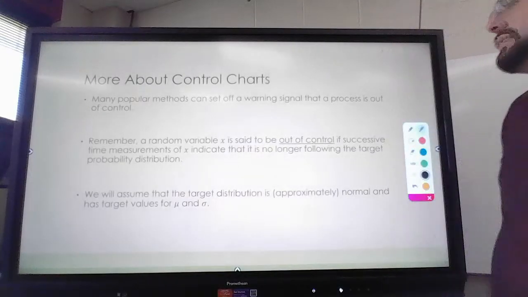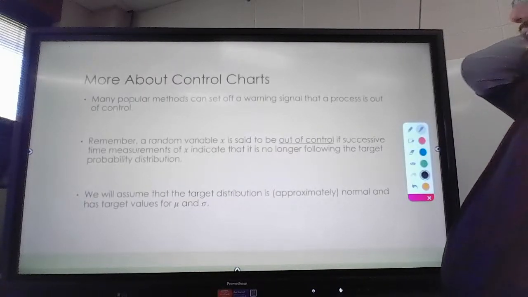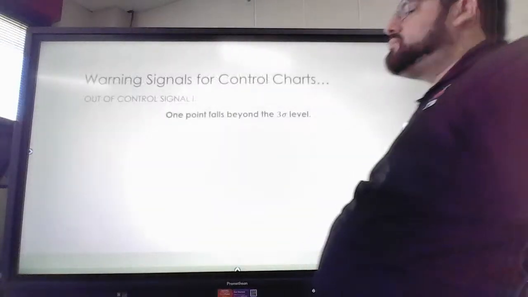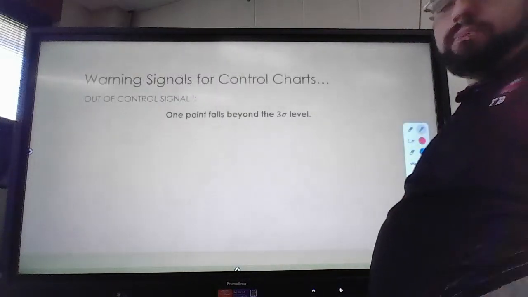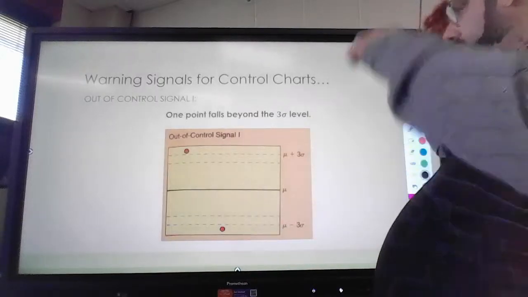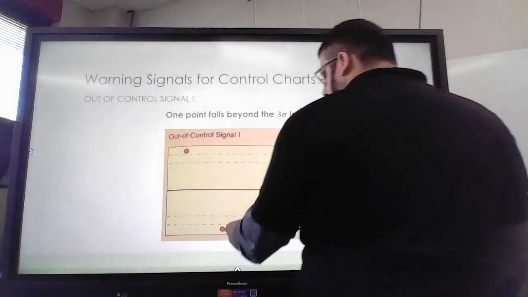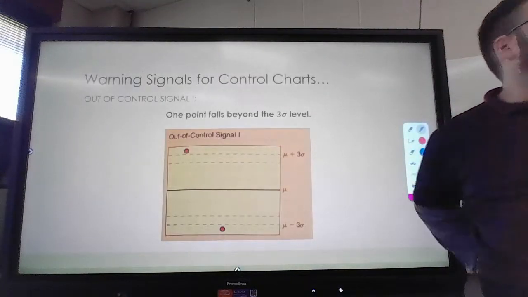We'll assume that the target distribution is approximately normal and has target values for the mean and the standard deviation. One of these warning signals that might hint that it's out of control is that one point falls beyond the 3 standard deviation level. Here's an example of that. I have 2 points here, 1, 2, where both points are outside of 3 standard deviations from the mean.